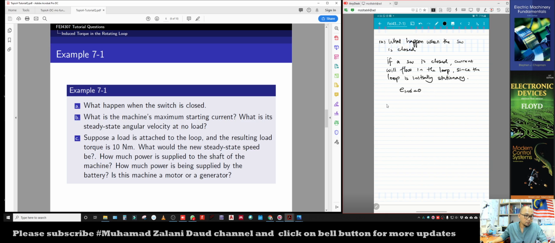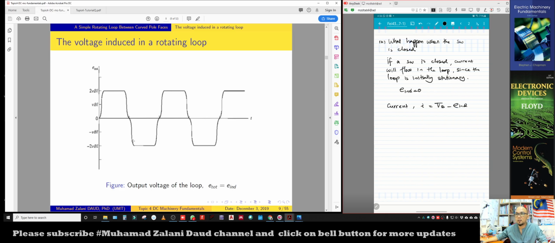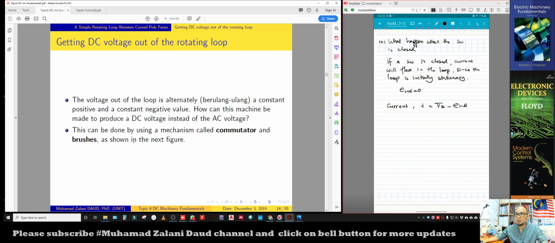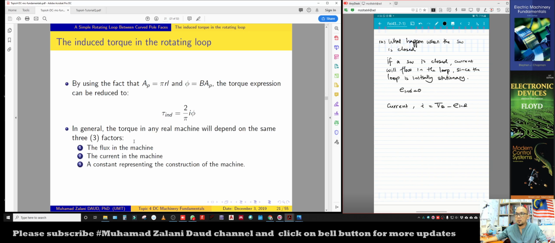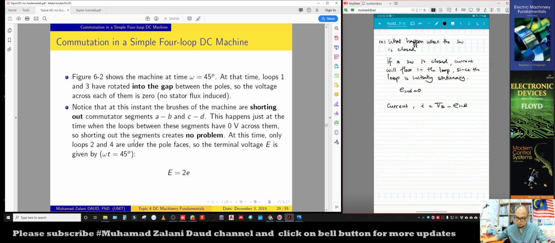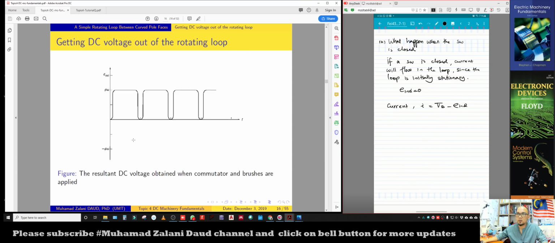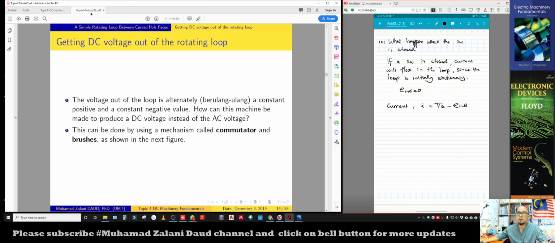So in that case, current I is VB minus E_ind divided by R. You can find this equation in your lecture notes, in the previous lecture notes.